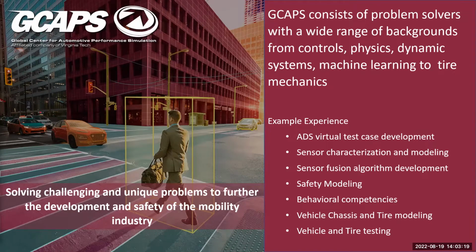We're a nonprofit based in Southern Virginia. And we started out much as what Eric had laid out, doing tire testing, vehicle testing, and then we started doing simulation for tire models, and that sort of opened the door to this broader automated vehicle environment, and we've been growing ever since.